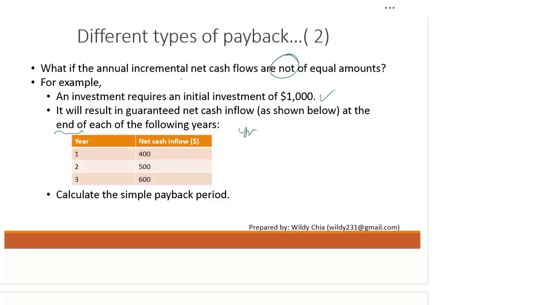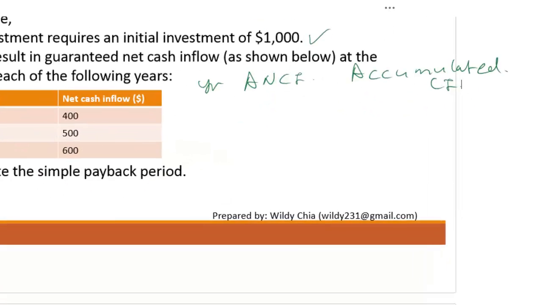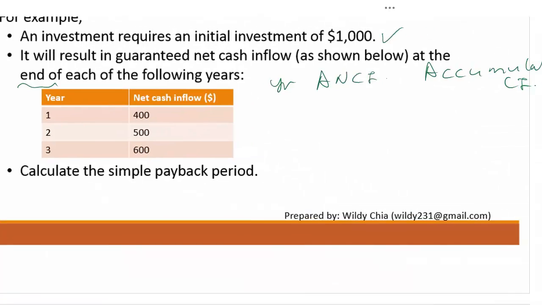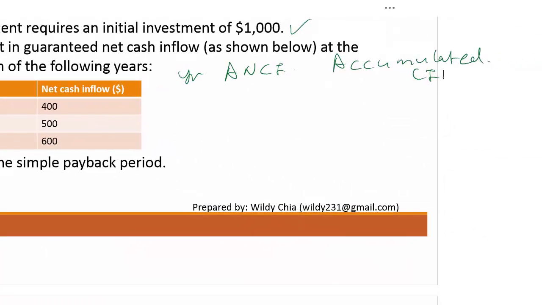I'll have a column for my year, and then I'll have my annual net cash flows, that's short form, annual net cash flows. And I'm going to have one more column known as the accumulated cash flows. Let me zoom in so that you can see this more clearly. The beginning is 0.